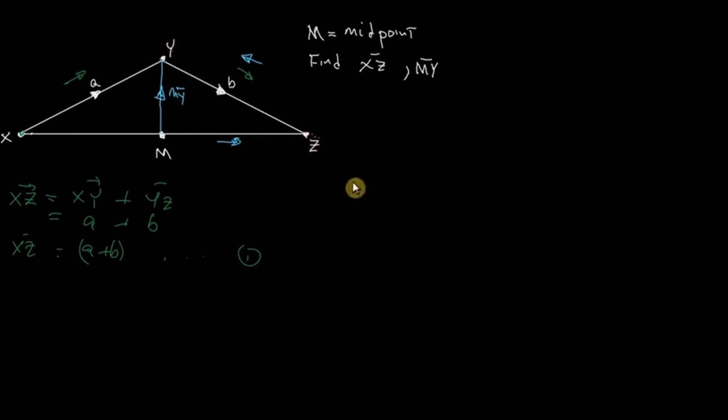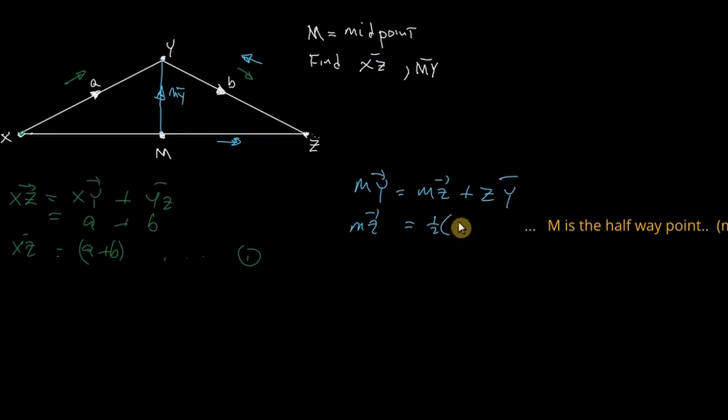Let's write that as a vector. So we could write MY, the vector MY, is equal to first M to Z plus Z to Y. We know that MZ is equal to a half XZ because we found that earlier here. So we could write that as half of (a + b).